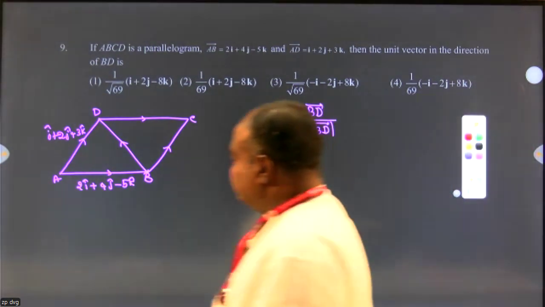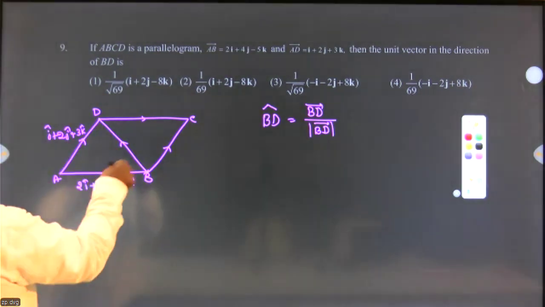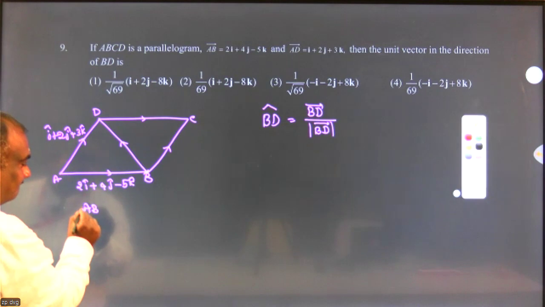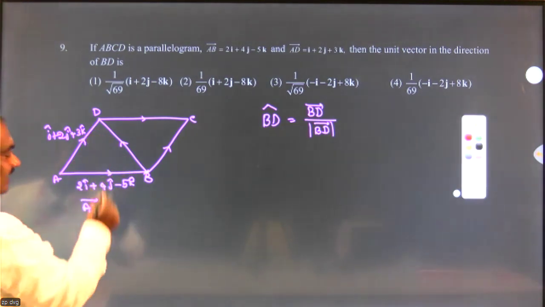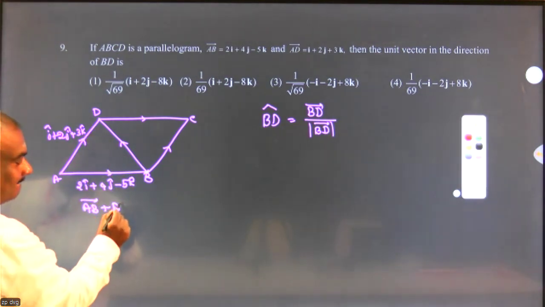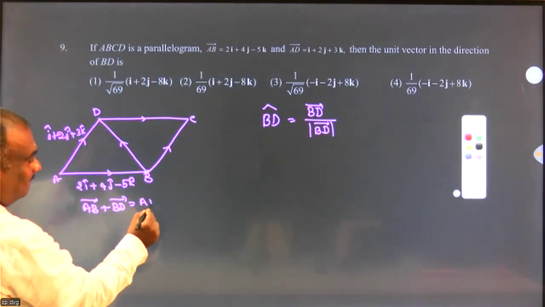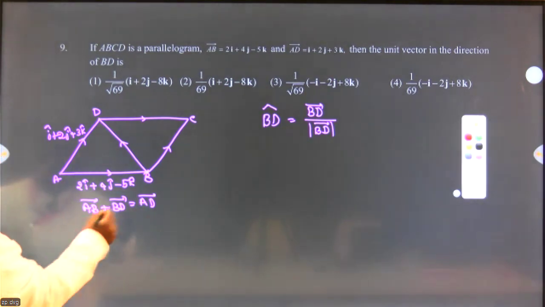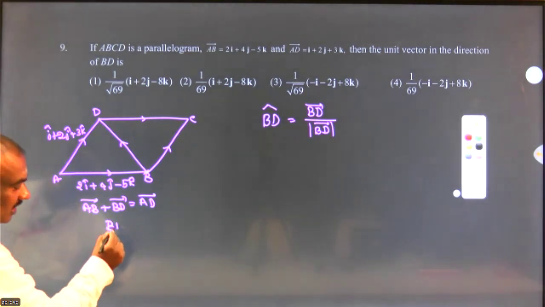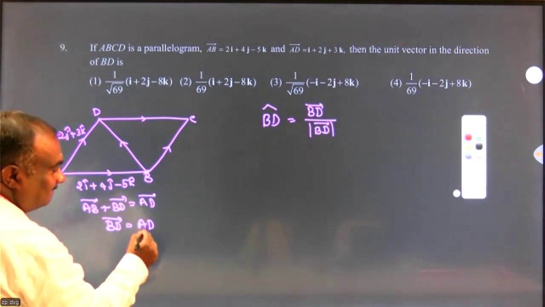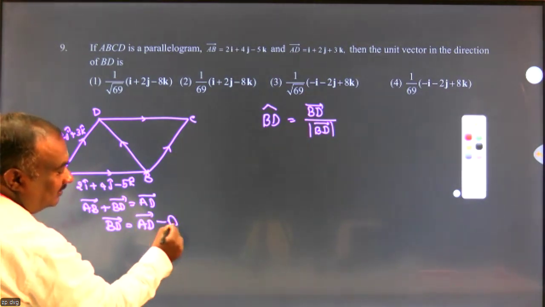Now observe here, if you consider this triangle only, what are you getting? AB bar plus BD bar is equal to AD bar. From this, BD bar is equal to AD bar minus AB bar.